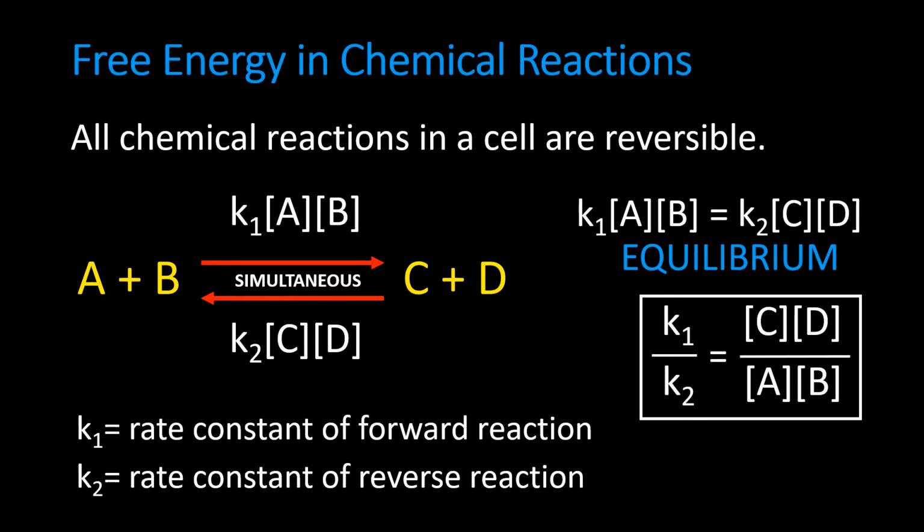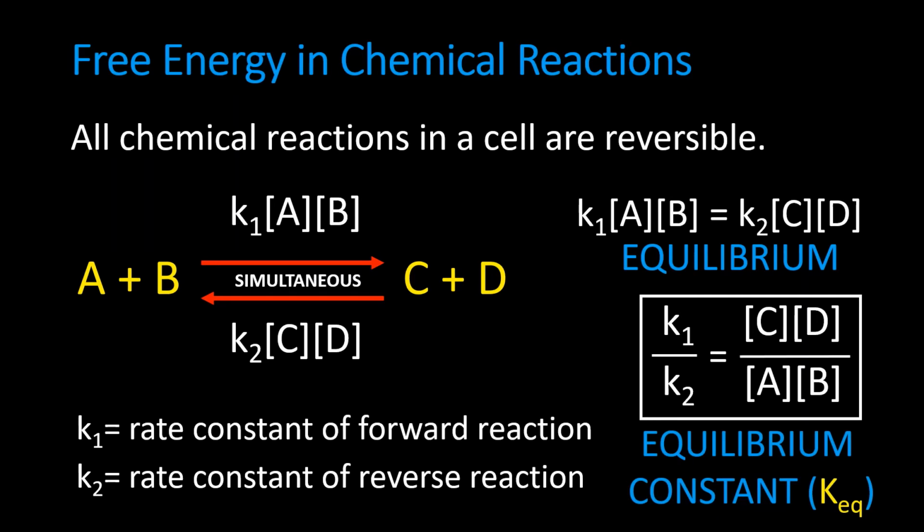Then we have a ratio called the equilibrium constant. The equilibrium constant is actually unique in different types of chemical reactions. So, meaning to say, a different kind of chemical reaction, let's say the formation of sodium chloride from sodium and chlorine, has its own equilibrium constant, or K sub EQ.